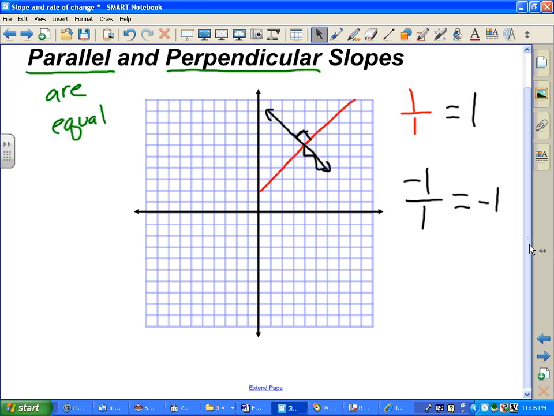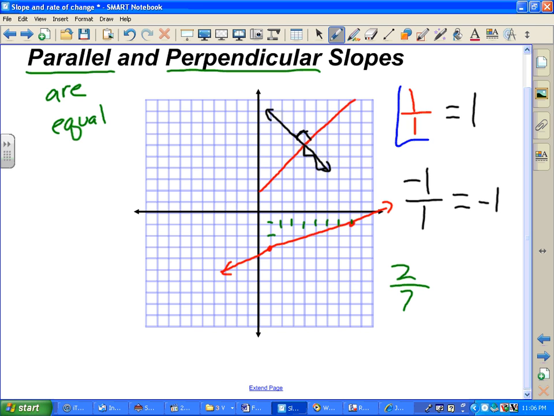Now, what if it's not that easy? What if the slope is something like this, where the rise is 2 and the run is 7? 2 over 7. What slope is perpendicular to this?